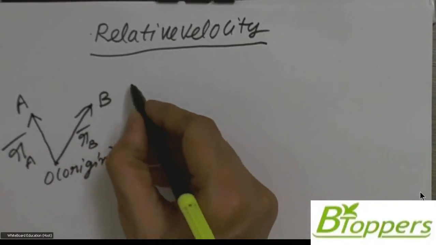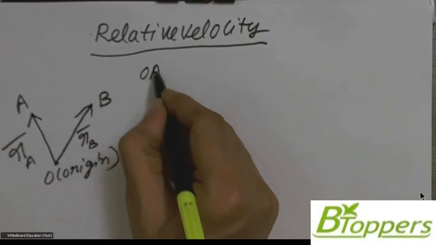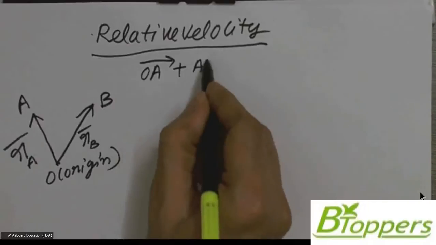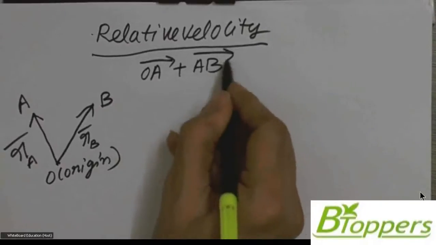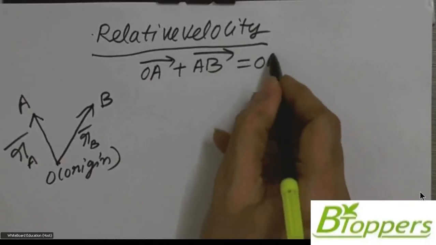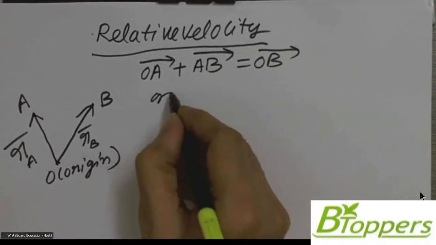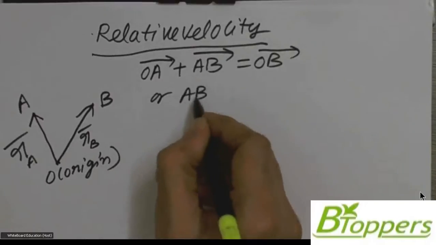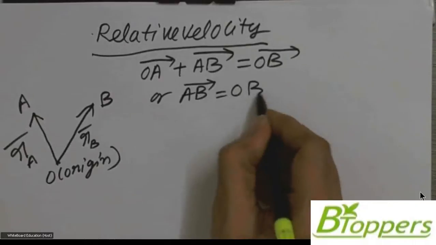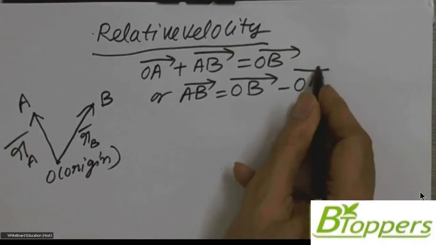So from the triangle law of vector addition, we can write OA bar plus AB bar equal to OB bar. So AB bar can be written as OB bar minus OA bar.